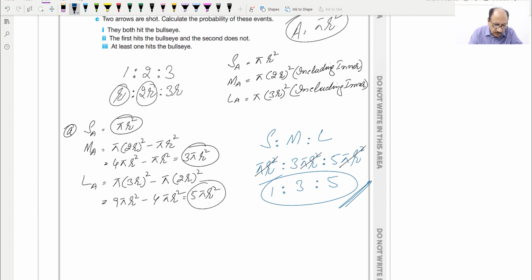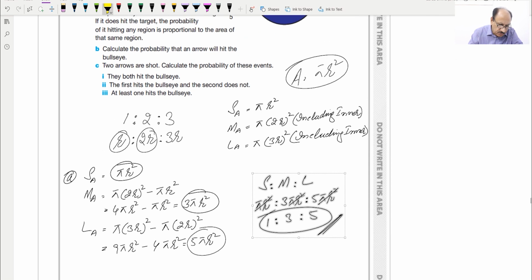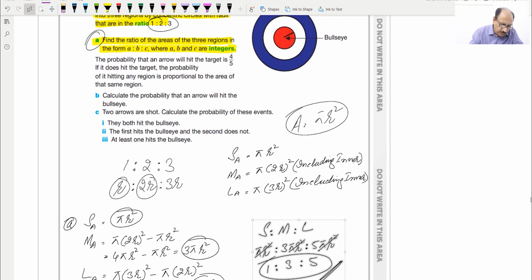Hopefully you understood this. Now we can go through the B part, and B part says the probability that an arrow will hit the target is 4 by 5. If it hits the target, the probability of it hitting any region is proportional to the area of the same region.